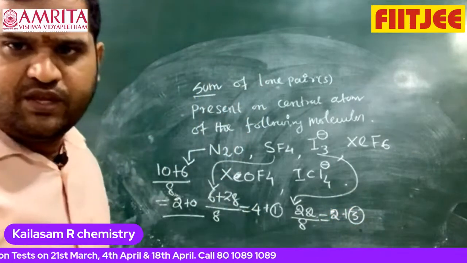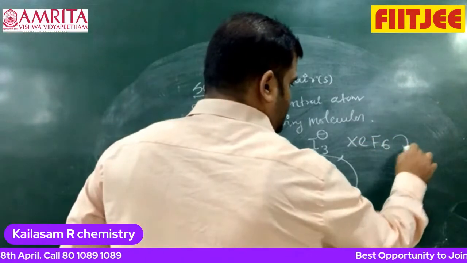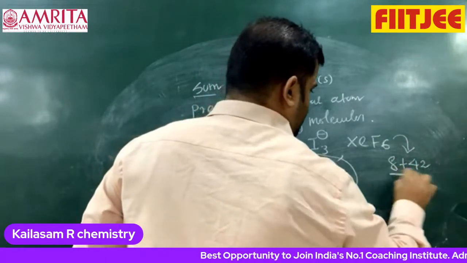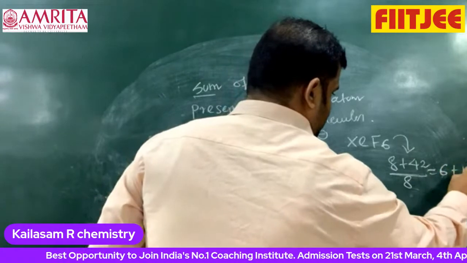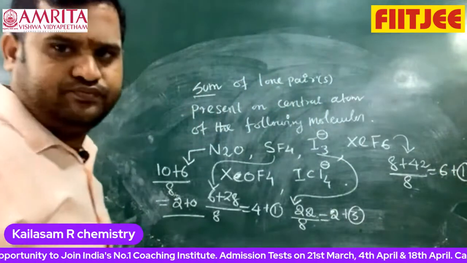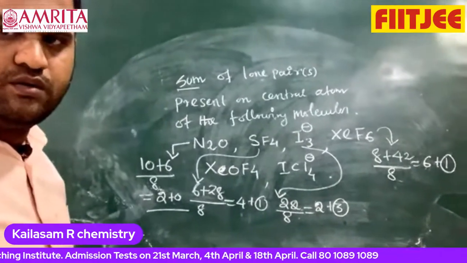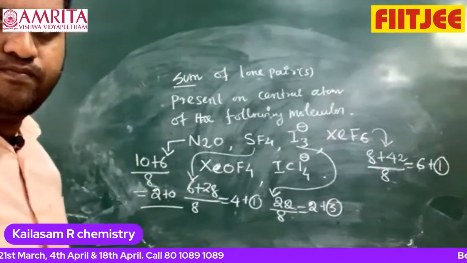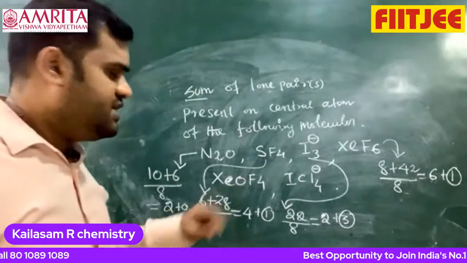Now XeF6: xenon is 8, fluorine is 42, so by 8 you can write 6 plus 1.